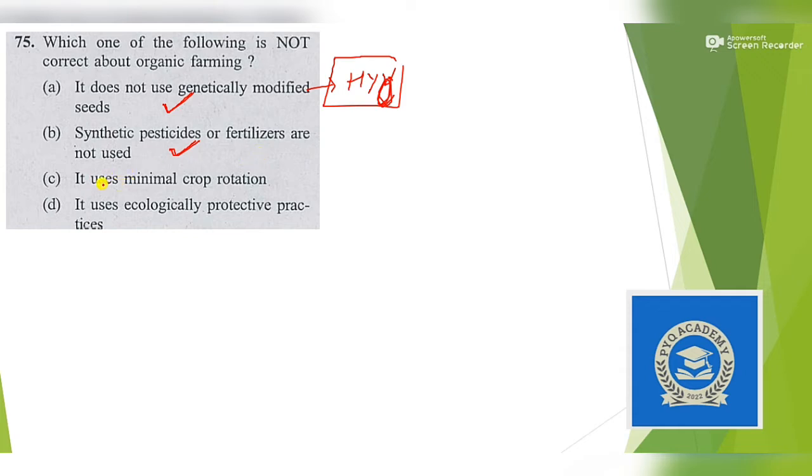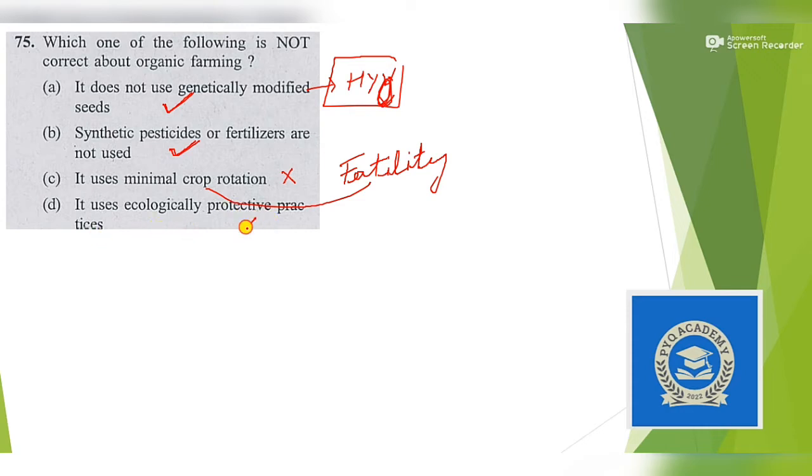Then it uses minimum crop rotation. No, it uses maximum crop rotation so that the fertility of the soil is maintained. Okay, because since it is not using the fertilizers, it maintains the fertility by crop rotation. Okay, then it is an ecologically protective practice.